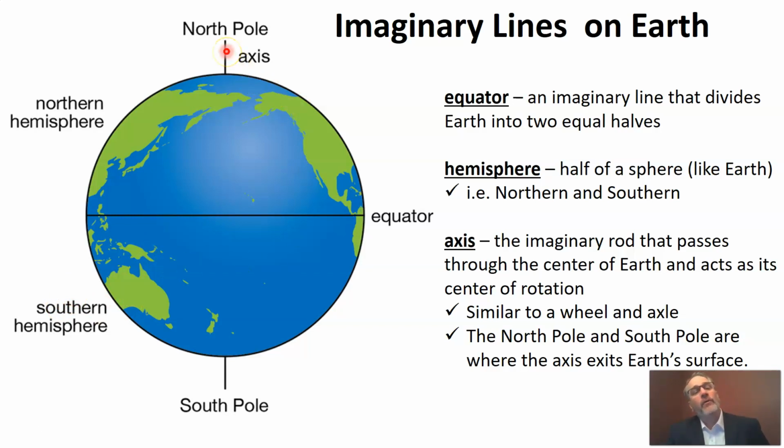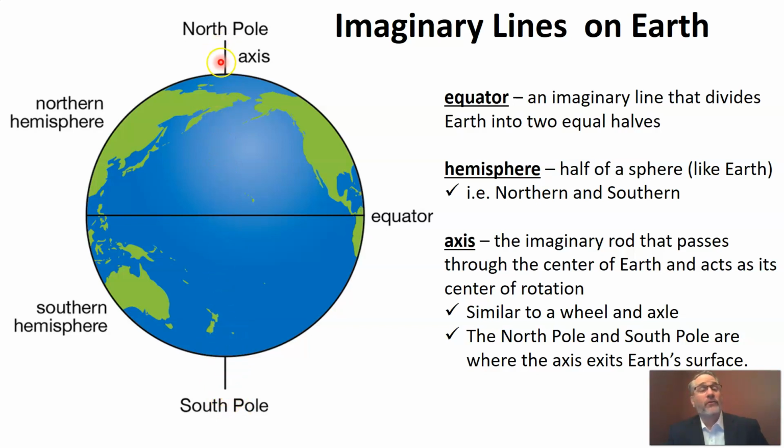Now, we also know that Earth rotates, and we've said that it rotates on an axis. I want you to think of an axis as an imaginary rod passing through the center of Earth, similar to a wheel and an axle. If we had this imaginary rod passing through Earth, this would be its center of rotation. It rotates around this axis.